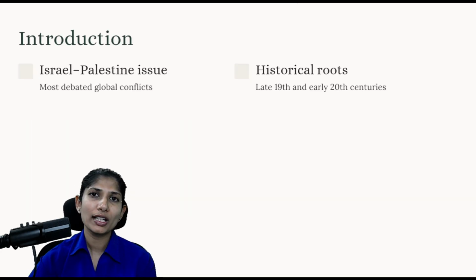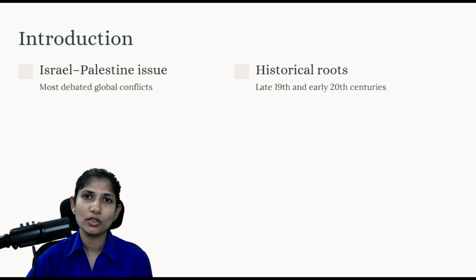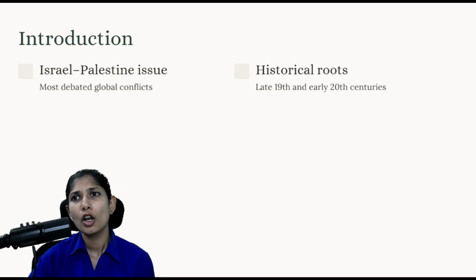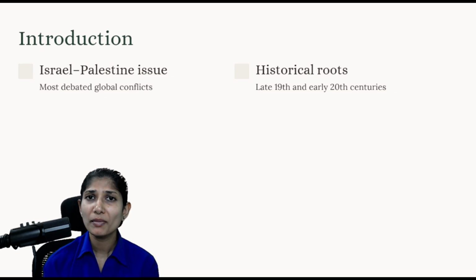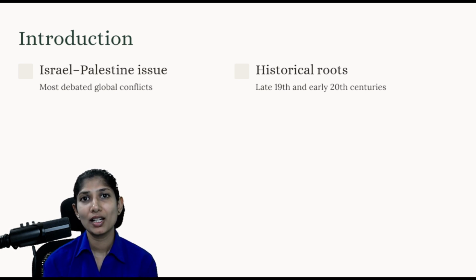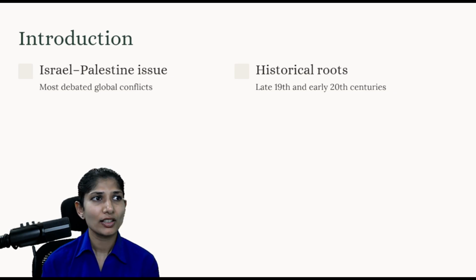Now, if I have to tell you about the Israel and Palestine conflict, it is the most debated and complex topic. Why is it so complex? Because what started somewhere around the end of the 19th century has not found a solution even in the 21st century. Still, conflicts are going on: the Israel-Hamas war, the Israel-Hezbollah war.